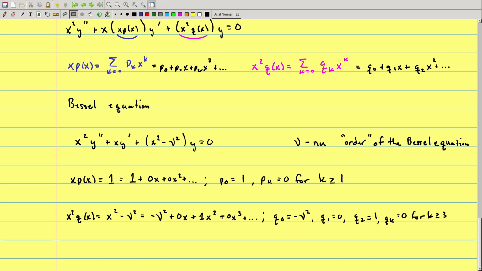Thinking about the functions in the differential equation in terms of breaking down the function coefficients in terms of their power series like this as well, has a side benefit when it comes to the indicial equation.